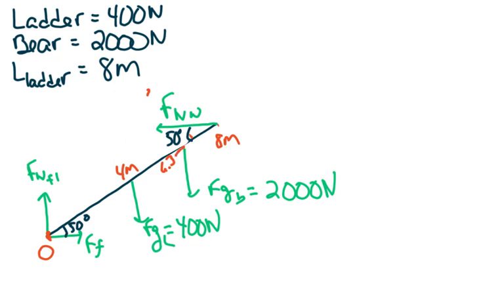So then the normal force from the wall, well, that is not perpendicular to the ladder. Remember, in order to calculate torque, we need the perpendicular piece. So the perpendicular piece of that normal force is there. And then it also has a horizontal piece going that way.